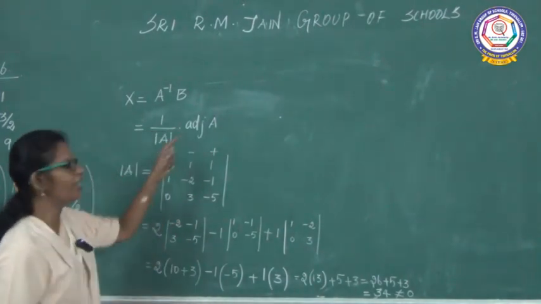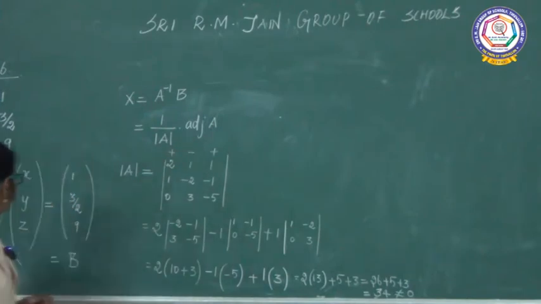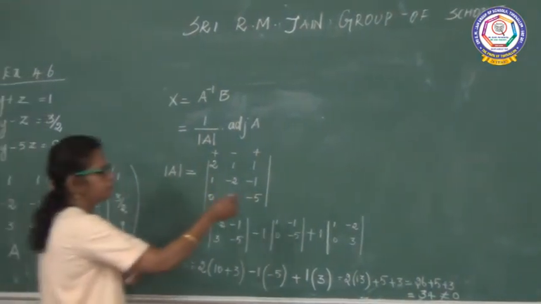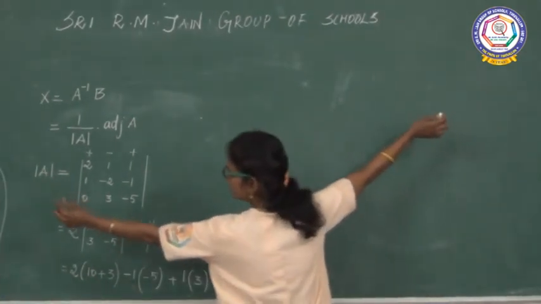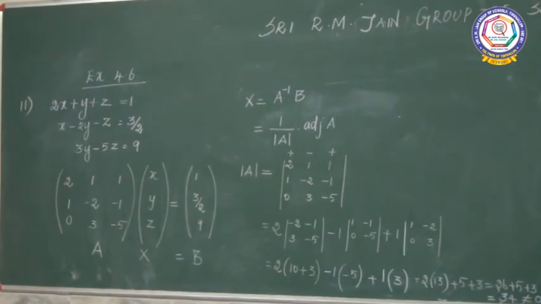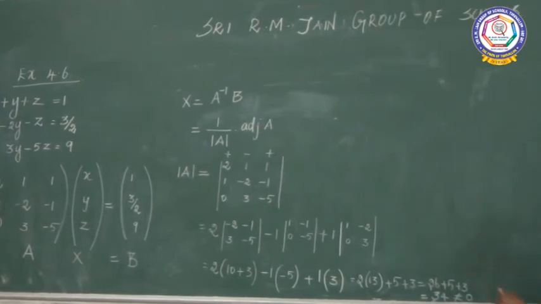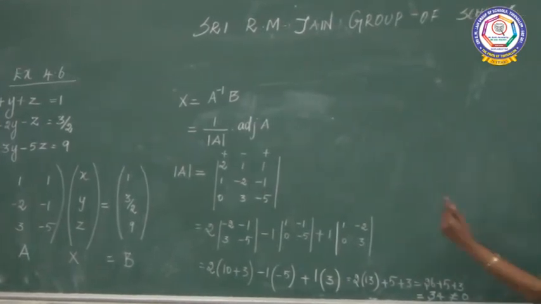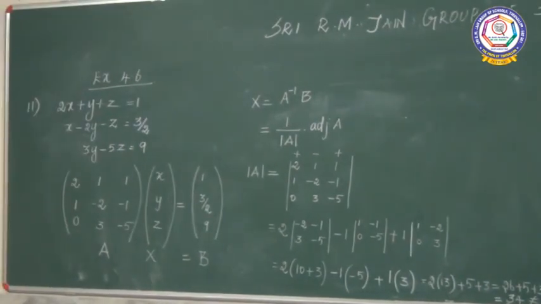Now I want to find the adjoint of A. Before entering the adjoint of A, if it is a 3 by 3 matrix, I told you an easy way. For the adjoint of A, on the right hand side you use the center element. Center element minus 2, the middle element; center element below, that is 3, above the entry 1, then the same number.